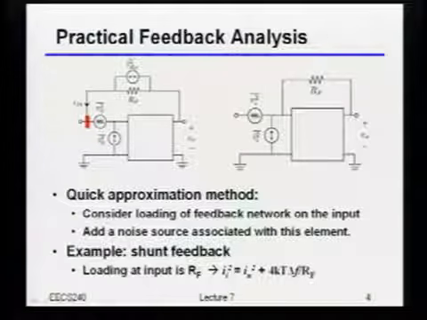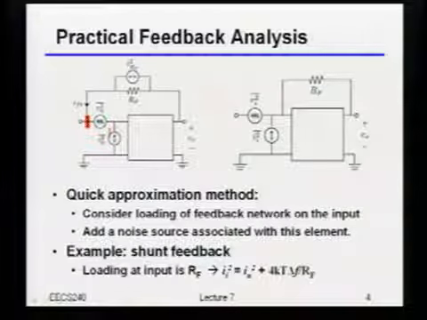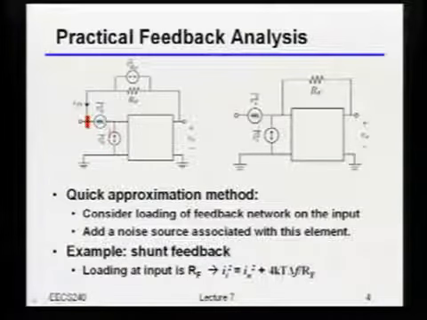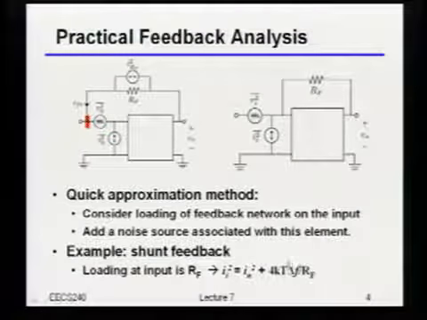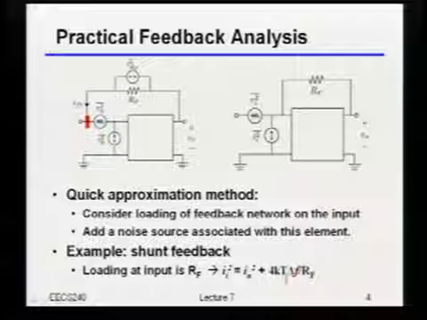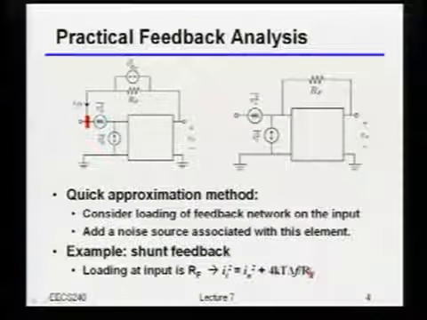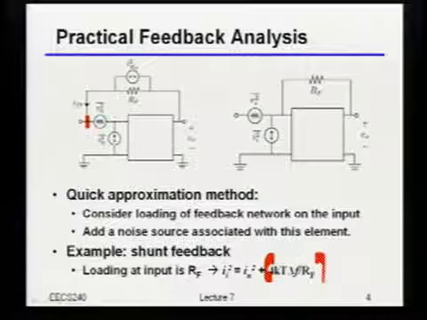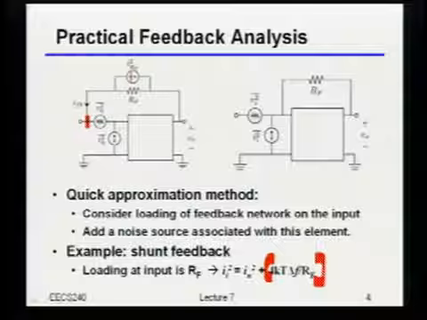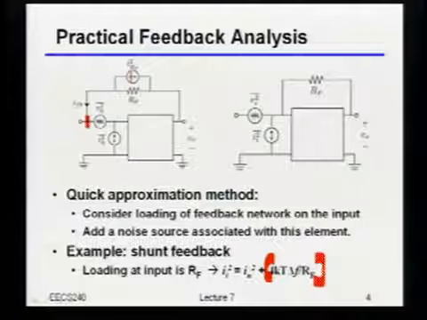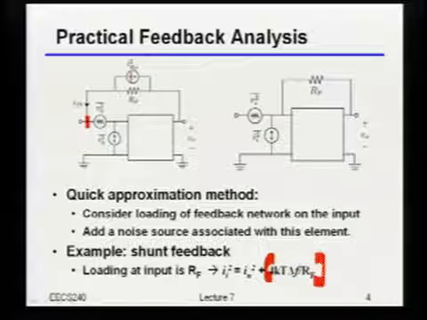Rather than having just the native noise current from the amplifier, the effective noise current is the native noise current plus 4kTΔf over RF, which is just the noise current from that shunt resistor, okay? Not exactly correct, but in 90-some percent of the cases it gives you the right answer.